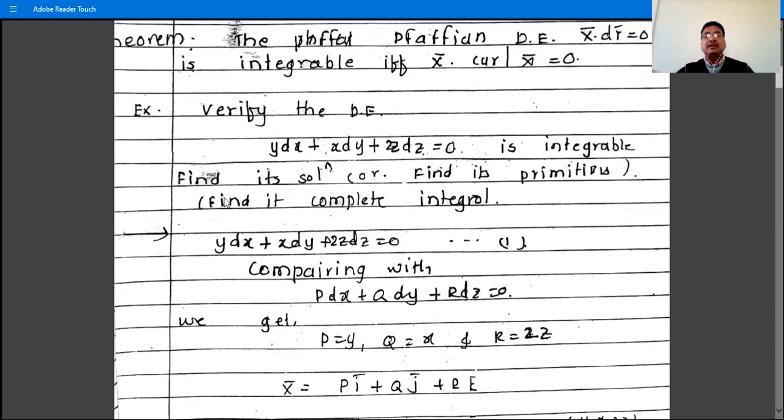If it is integrable, then find its solution, or its primitives, or its complete integral, or its general solution. So y dx plus x dy plus z dz is equal to 0 is a Pfaffian differential equation in three variables x, y, z.